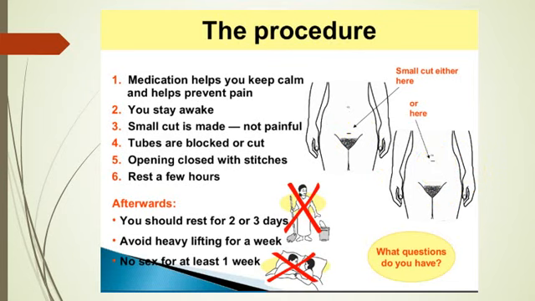In this procedure, the tubes will be blocked or cut, and the opening will be closed with stitches, and she will require a few hours rest if there are no complications during surgery. After the procedure, she should rest for 2 to 3 days, avoid lifting heavy weights for a week, and she should not have any intercourse for approximately 1 week after the surgery.